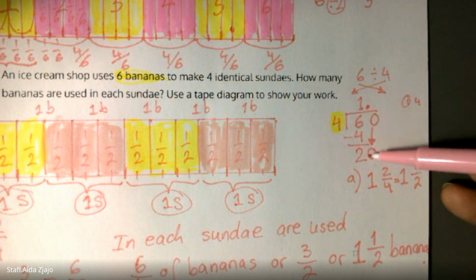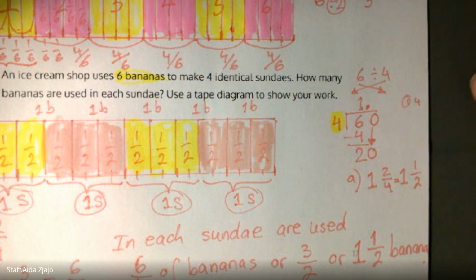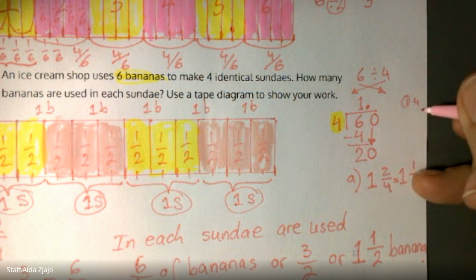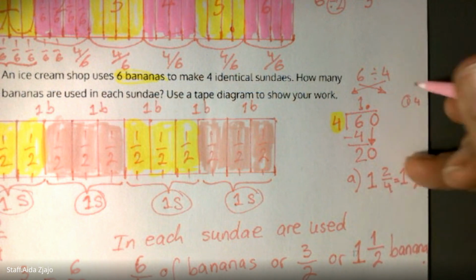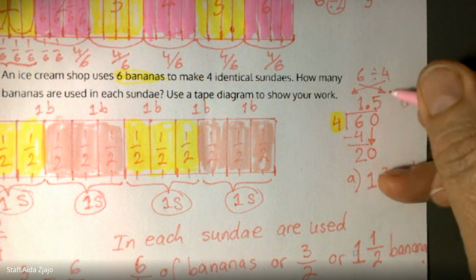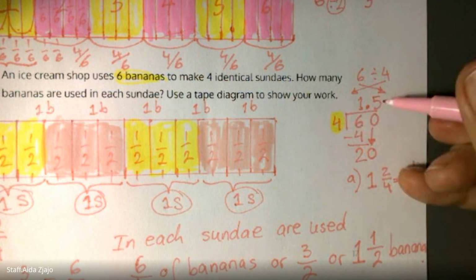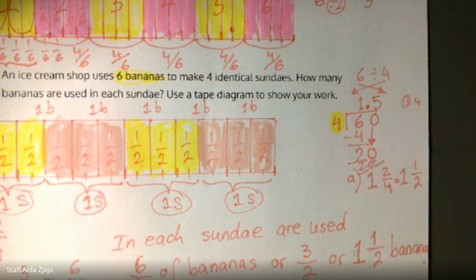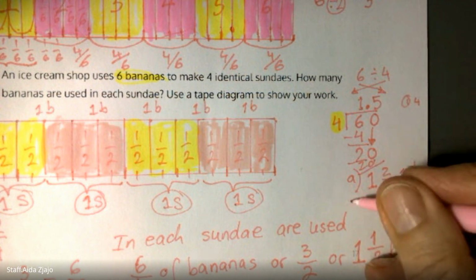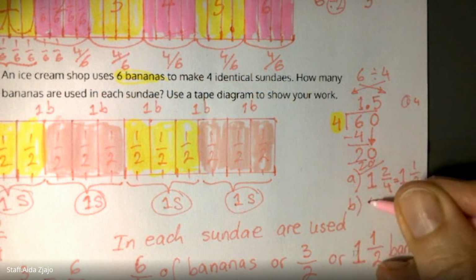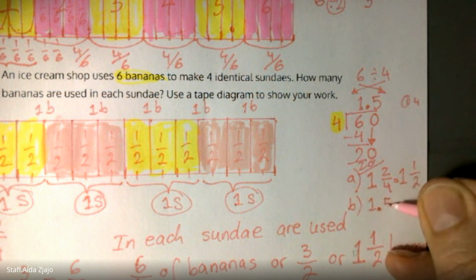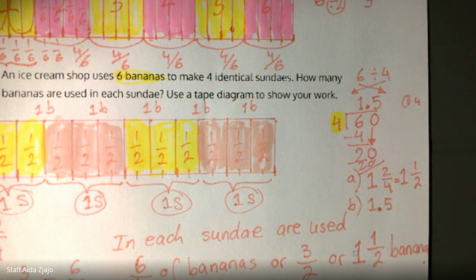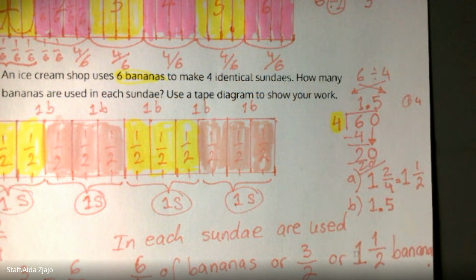So how many fourths are in 20? Of course, you can keep adding 4 if you want to, or skip count by 4, but there are 5 fourths in 20. 4 times 5 is 20. When we subtract, we get 0. So our answer B could also be 1 and 5 tenths, the answer as a decimal. That's another way to think mathematically to prove this answer.